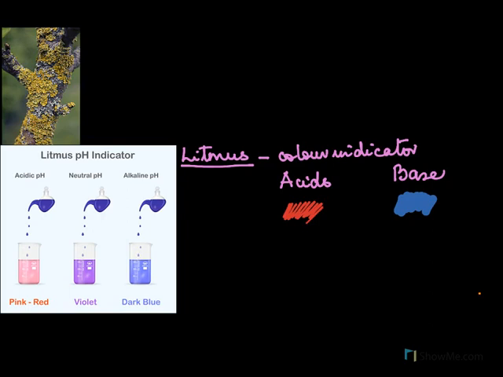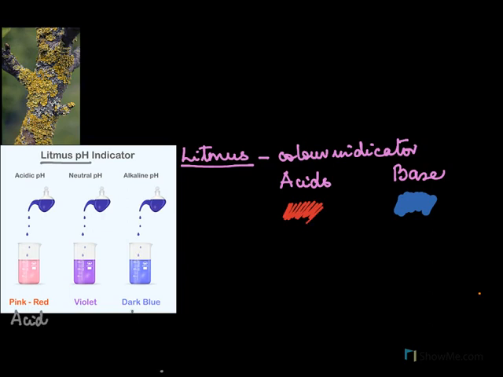Look at this picture here. This is litmus, which is purple in color. Have you seen the color of litmus? It is purple. When you put it in an acid, it turns pink or reddish.